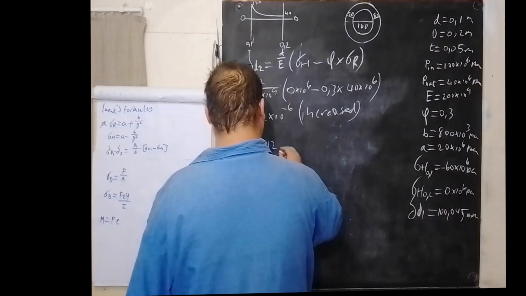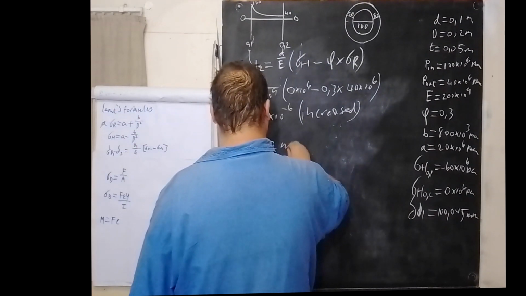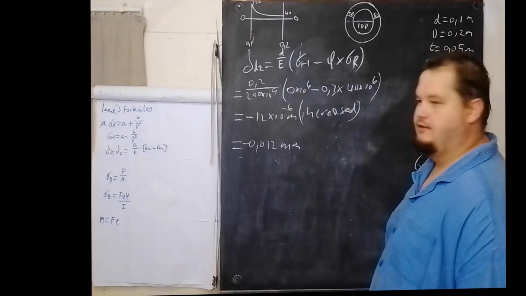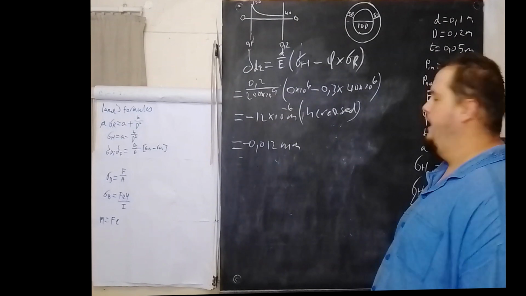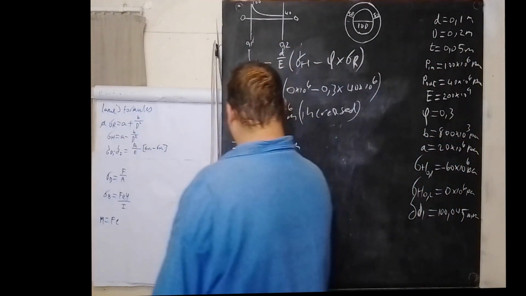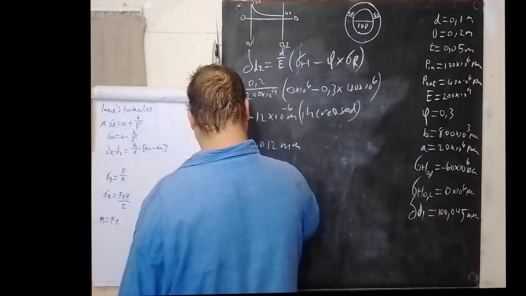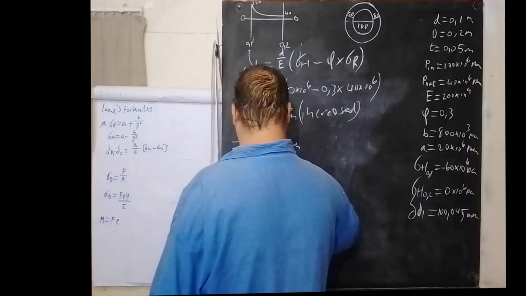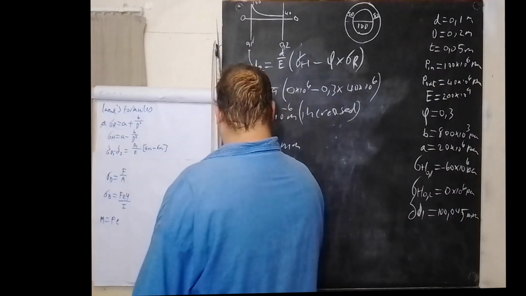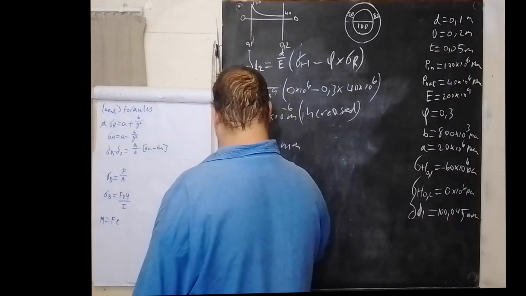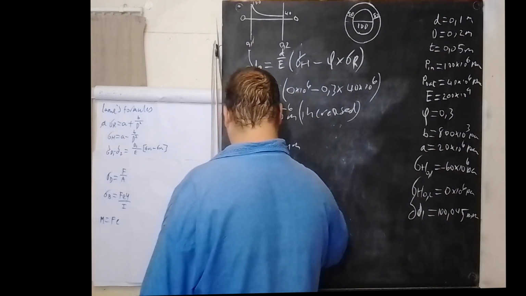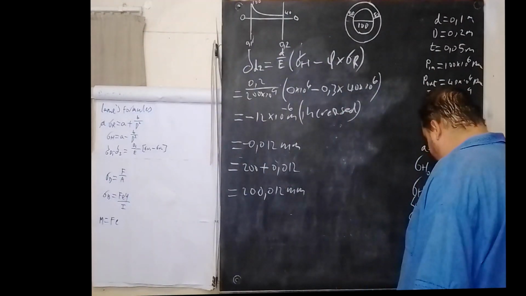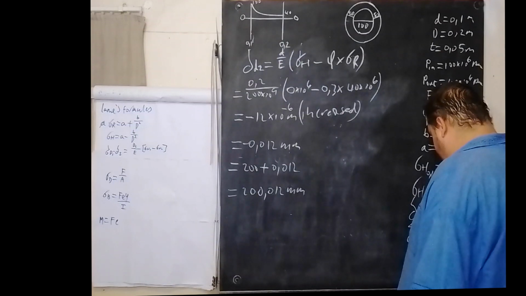That was meters, so we multiply by 1,000 to get negative 0,012 millimeters. Now we do 200 plus 0,012, which is 200,012 millimeters. So that is D2.